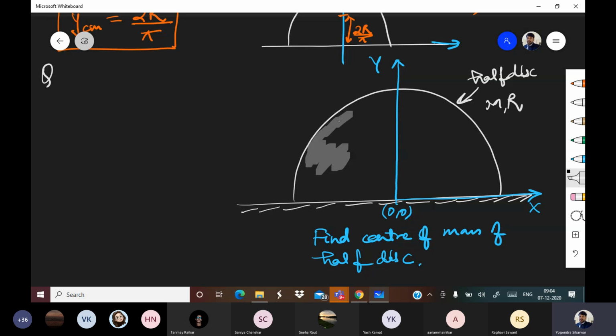Disk means the mass is everywhere in the object. I am drawing whole mass just to signify that, so that you can visualize and understand.